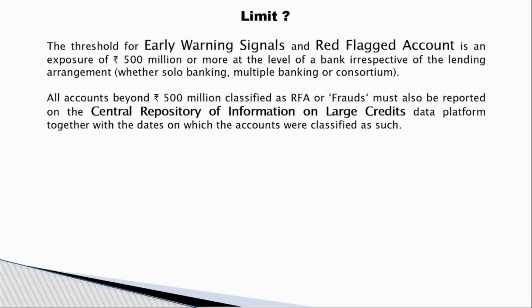So what is the limit? For example, if there is a small account and you find some early warning signals, can you convert this account to a red flagged account? No. The minimum exposure should be 500 million or more. This can be a single loan, meaning one bank has given 500 million to one customer, or a consortium, where a group of banks has given 500 million to one borrower.